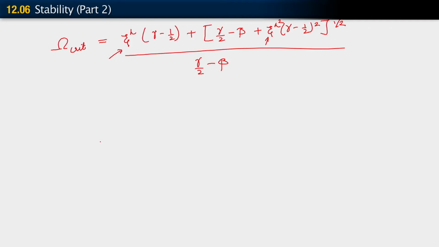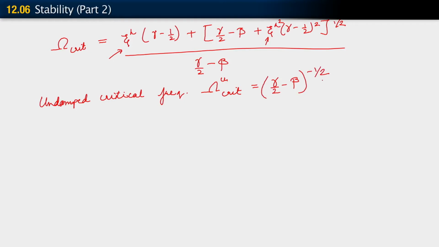So we have the undamped critical frequency, let's say omega critical U for undamped. This is got by setting CH equal to 0, and it is just gamma over 2 minus beta to the power minus half.